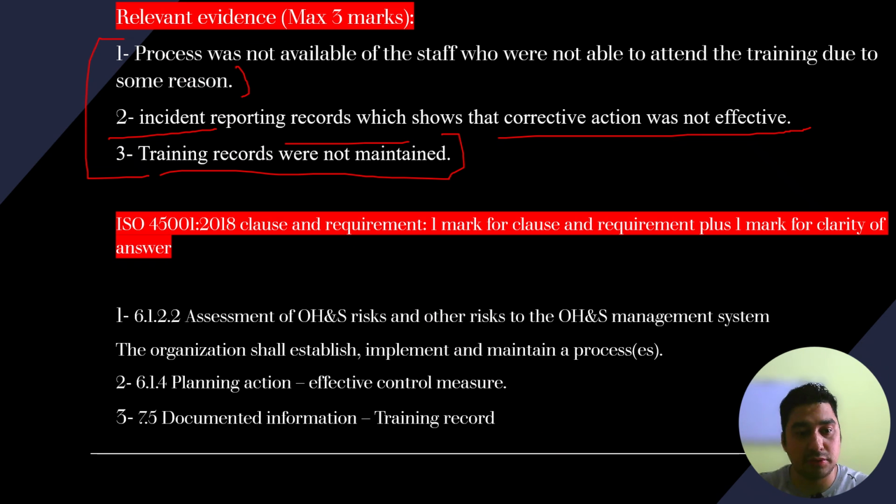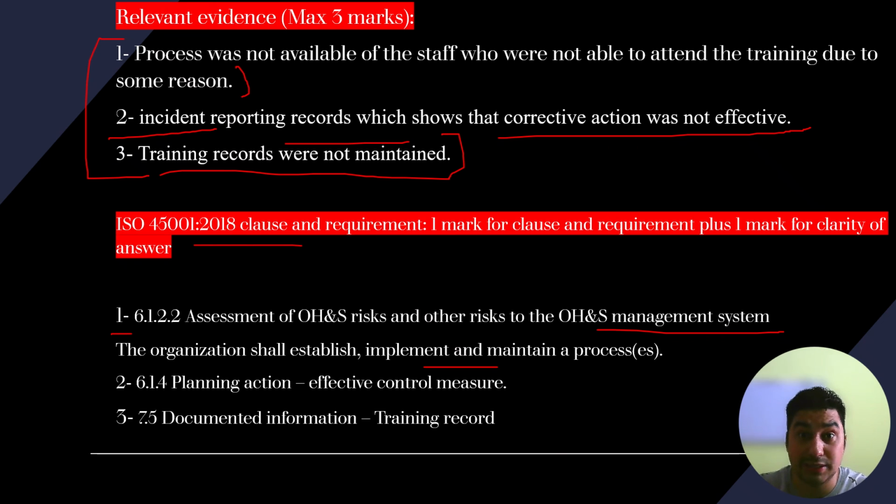Now the ISO 45001 clause and requirements. You have to identify the clause under which you are going to report this NCR, and why. We have clause 6.1.2.2, assessment of OH&S risks and other risks to the OH&S management system. The organization shall establish, implement and maintain a process.